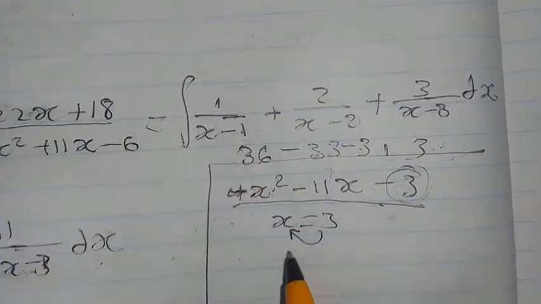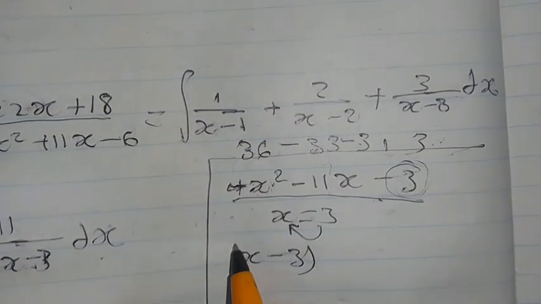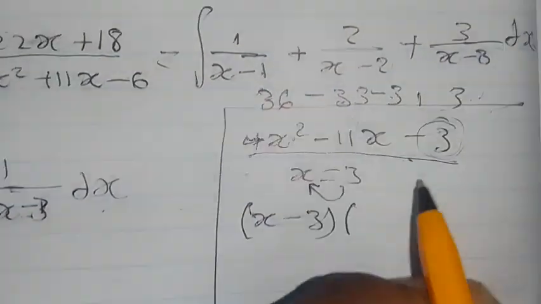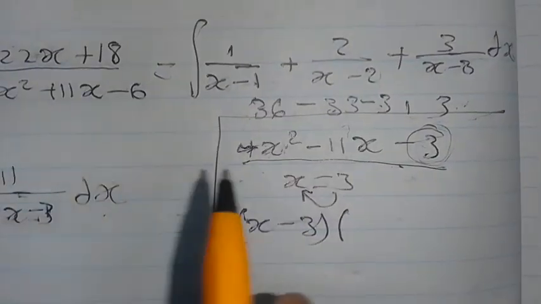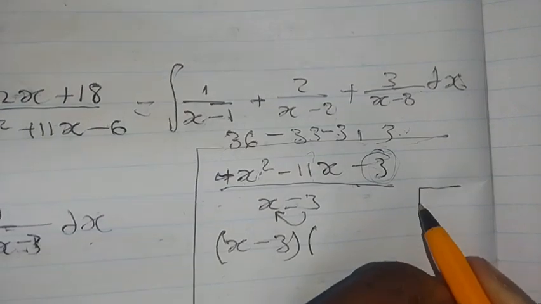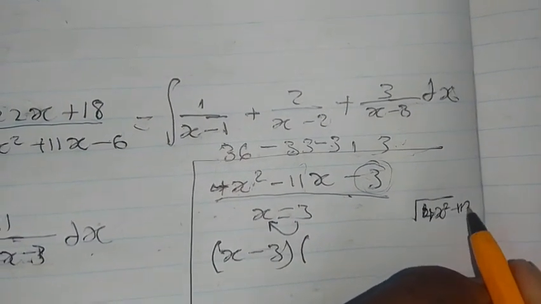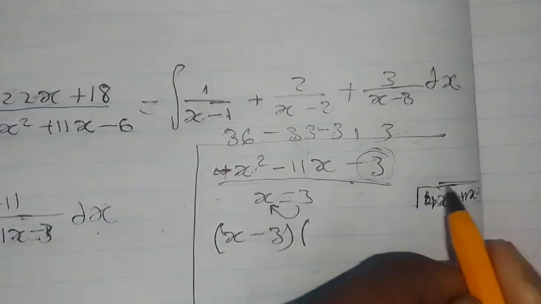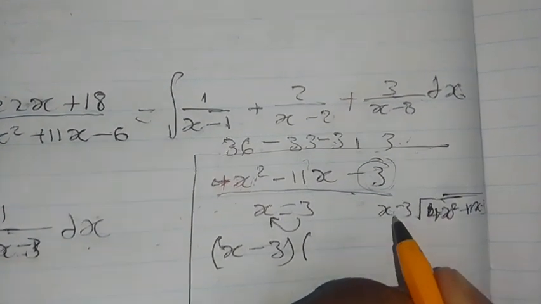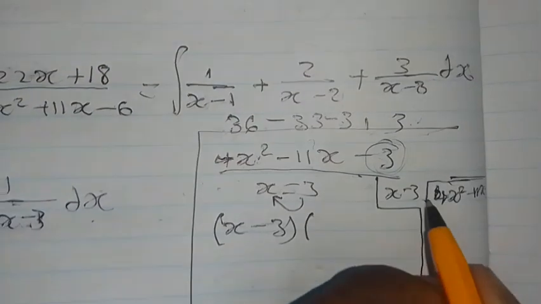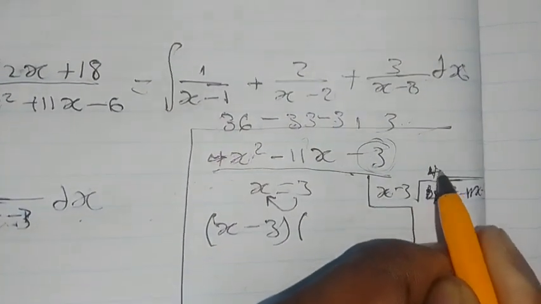If you take 3 to the other side, then x minus 3 is a factor of that. And then you just use long division to divide. 4x squared minus 11x minus 3, you divide that by x minus 3. Now 4x squared divided by x is going to be 4x.